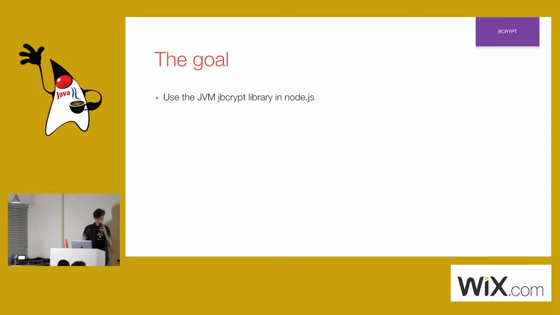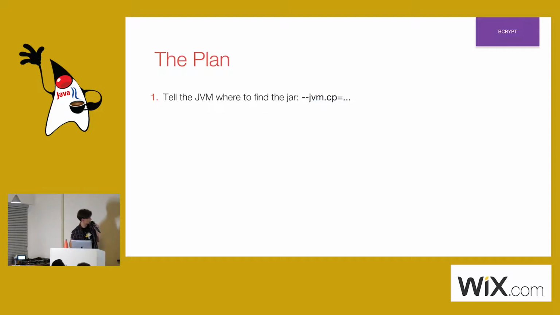So our goal is to use the JVM JBcrypt library from Node.js, and we want to integrate it into our server to handle user logins. So the plan for that would be, first, we need to somehow tell the JVM where to find the jar.